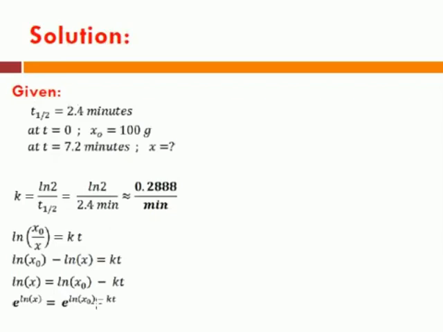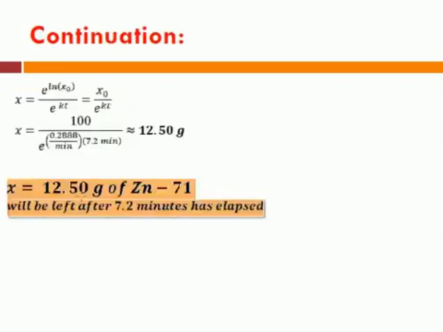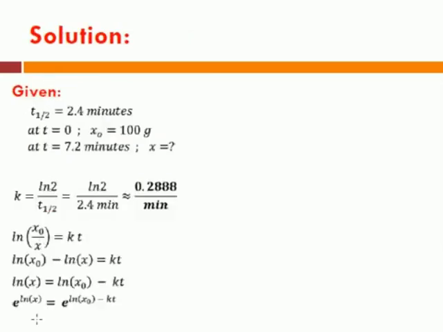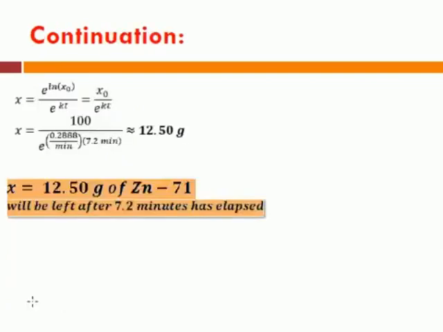That is the previous equation. Then we simplify the same way we simplified e raised to ln x: ln here becomes log base e, so that will be equal to x sub o. So x is equal to x sub o over e raised to kt.